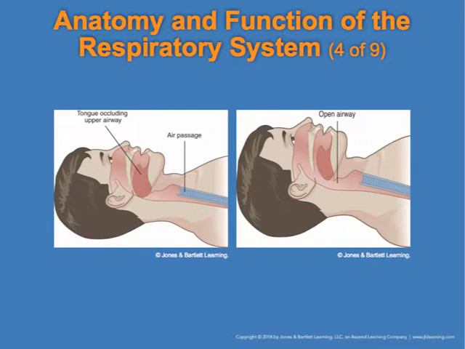Here's a graphic of what that action might look like: a closed versus open airway, managed by an occlusion of the tongue. We have an obligation to make sure we get that space behind the oral and nasopharynx opened up so that people have the ability to pass air successfully.